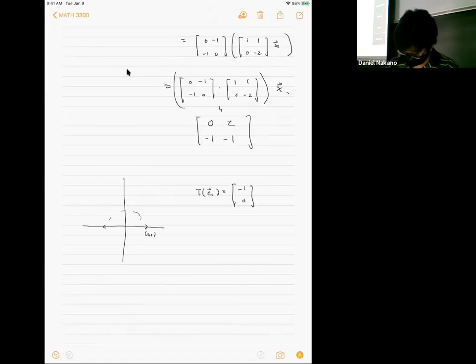And then this vector here, 0, 1, going 180 degrees, is going to go to 0, -1. So remember, you just have to know where the unit vectors go to, and that tells you everything about the linear transformation.